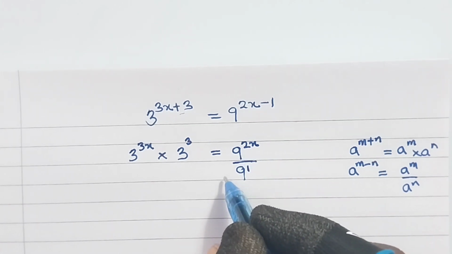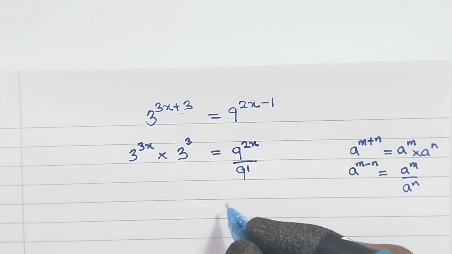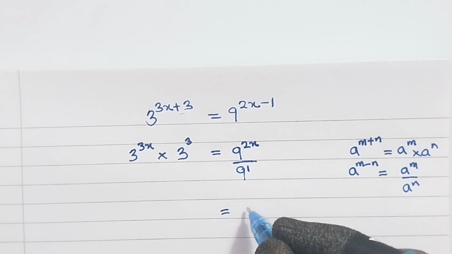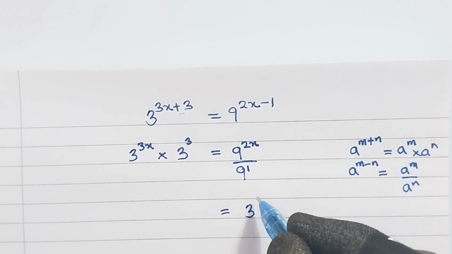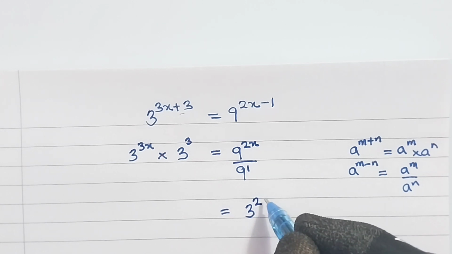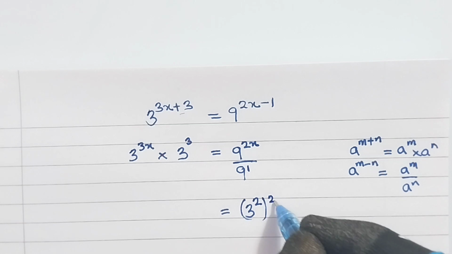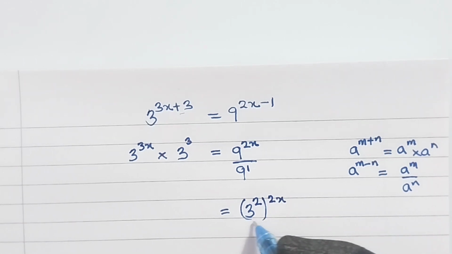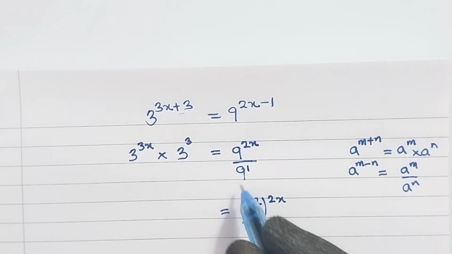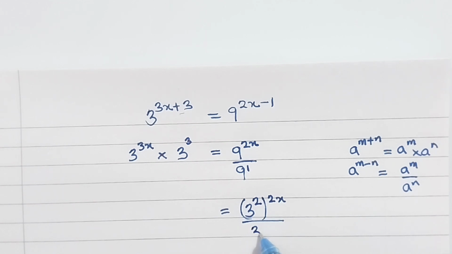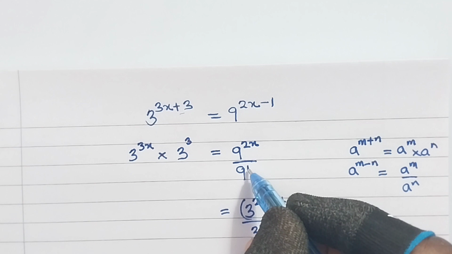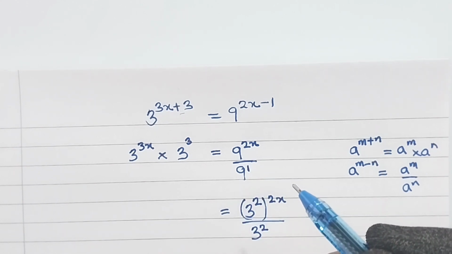The lowest base for 9 is 3, and that can be written as 3 raised to power 2. Then we already have a 2x here, so don't forget to write it. Then divided by 9, which is also 3 raised to power 2. There's no need to put a bracket because what we have here is just 1.